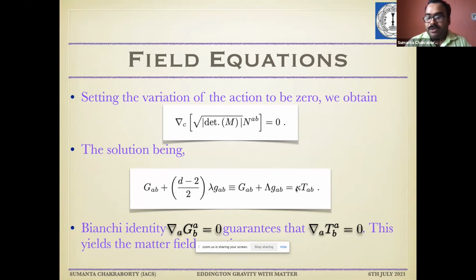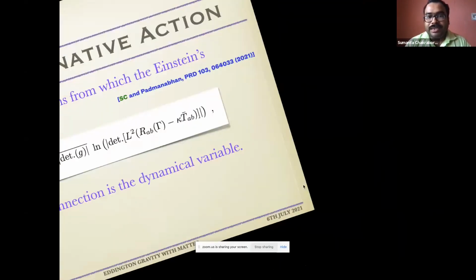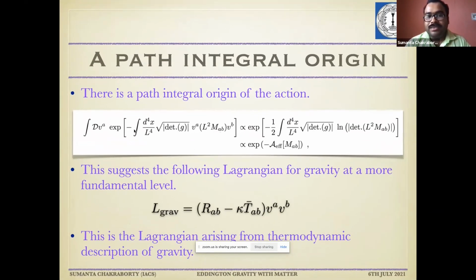And the determinant will turn out to be positive only if lambda is a positive quantity. If I want this path integral to make sense, I need the determinant of this quantity to be positive. Otherwise, this is a Gaussian integral and it will not converge. So that tells me that the constant, which is effectively the cosmological constant, should be positive because this MAB should have a positive definite determinant. That was the idea we used to argue that it should lead to a positive cosmological constant, just from the convergence of the Gaussian.